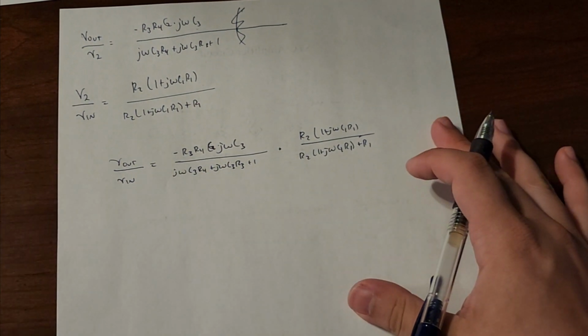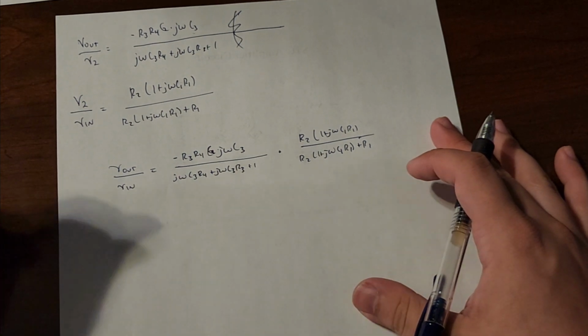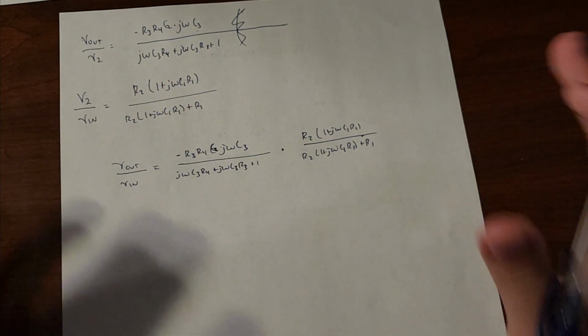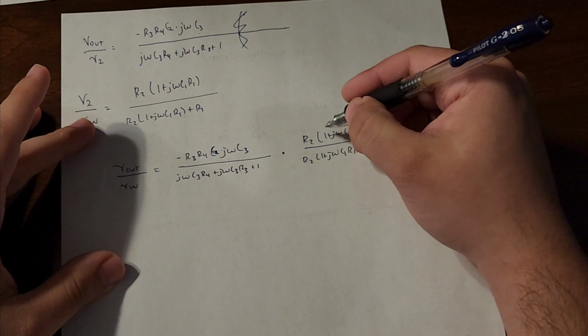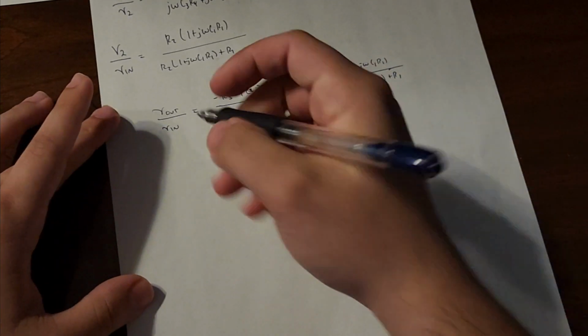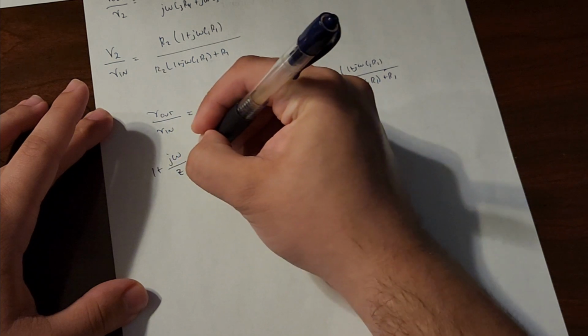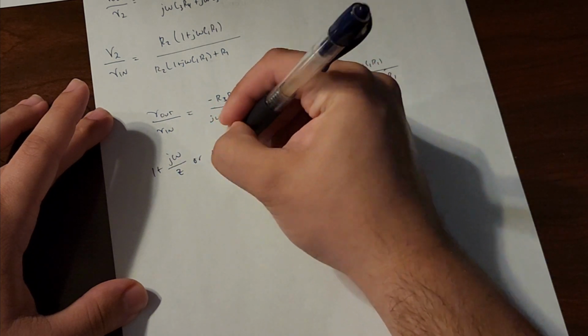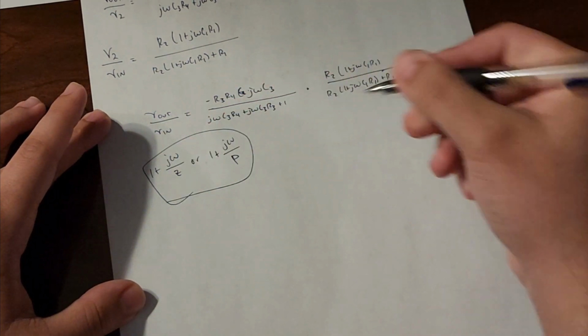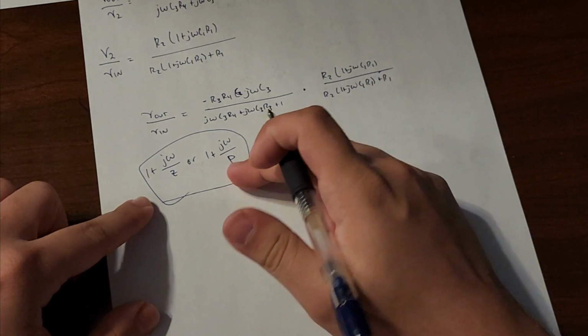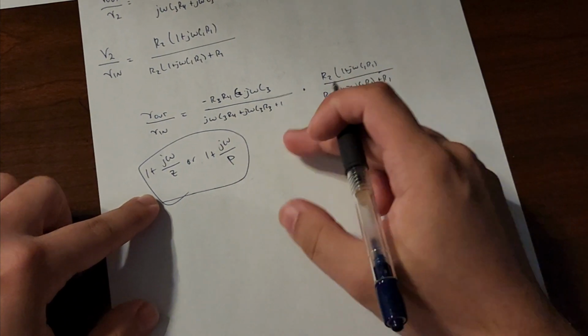Okay, now this looks disgusting, it doesn't look very fun to play with, but what can we notice? We have a ton of these 1 plus. Remember, we want it in the form of 1 plus j omega over a zero or 1 plus j omega over a pole. That's what we want. This is our form. So what can we do?